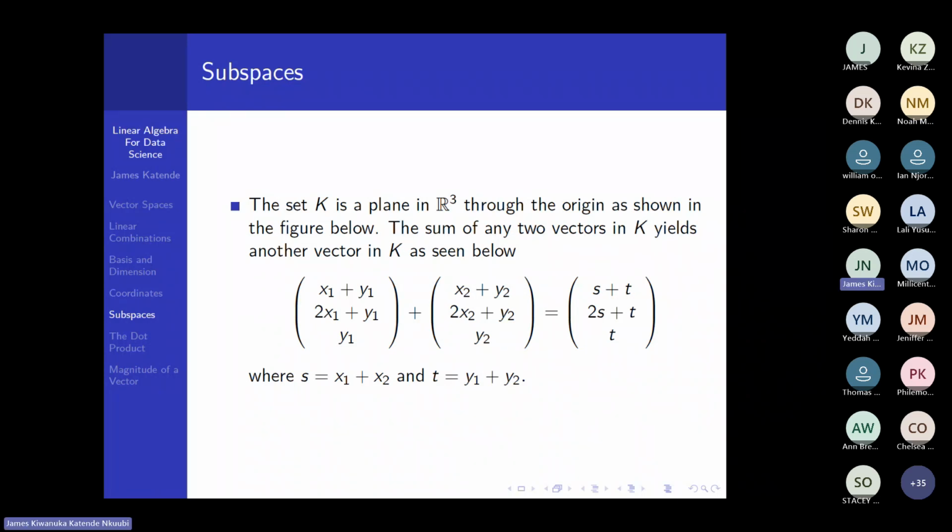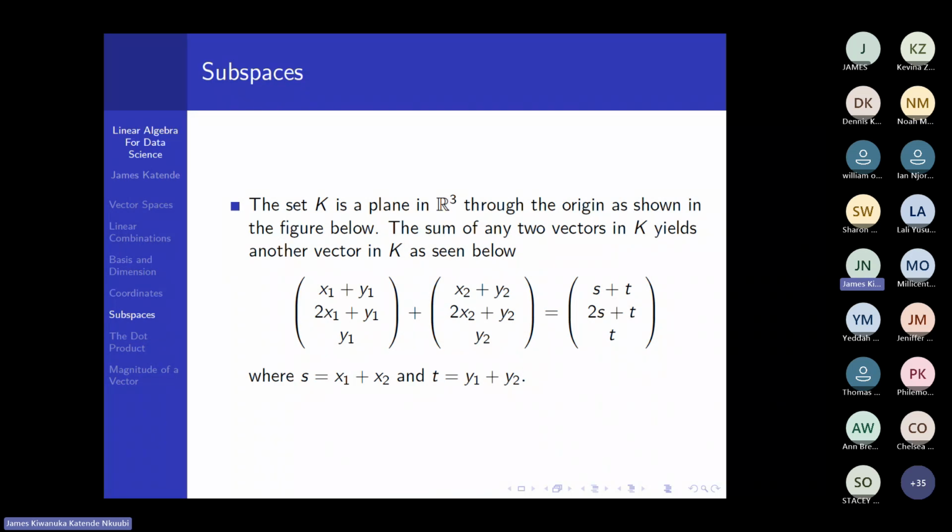Oh, I've mentioned a figure, but I didn't draw it. But again, we go through the same process. We add any two vectors from the same set, and we see that it turns out to be a vector in the same set because it takes the form S plus T, 2S plus T, and T at the bottom, where S is supposed to be X1 plus X2, and T is supposed to be Y1 plus Y2.